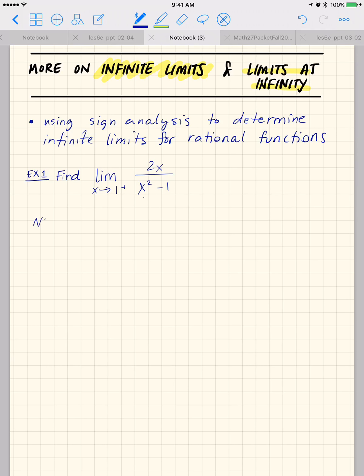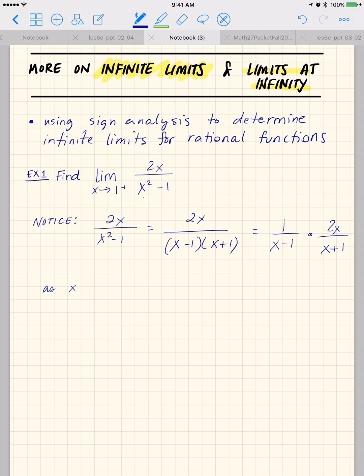So notice that if we factor the denominator, we'll have 2x divided by x squared minus 1 equals 2x divided by x minus 1 times x plus 1. So we can write this as 1 over x minus 1 times 2x over x plus 1.